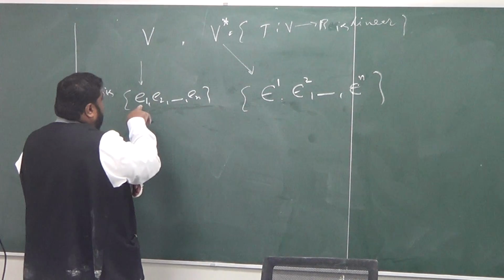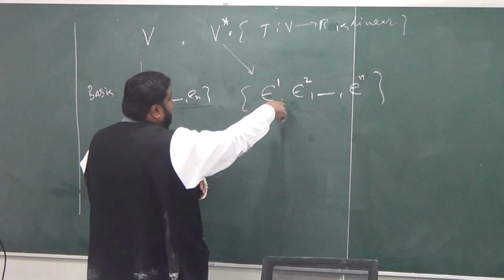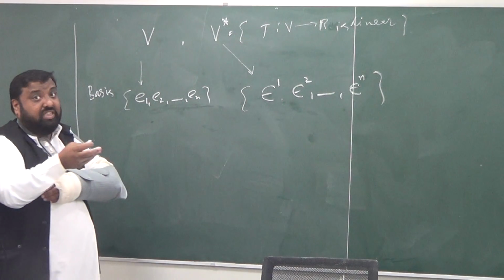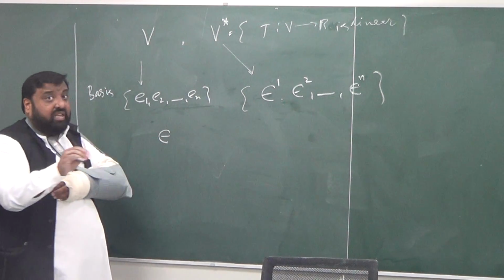In other words, using the basis of V you create another basis, the basis for V star, and they are related with each other. How?